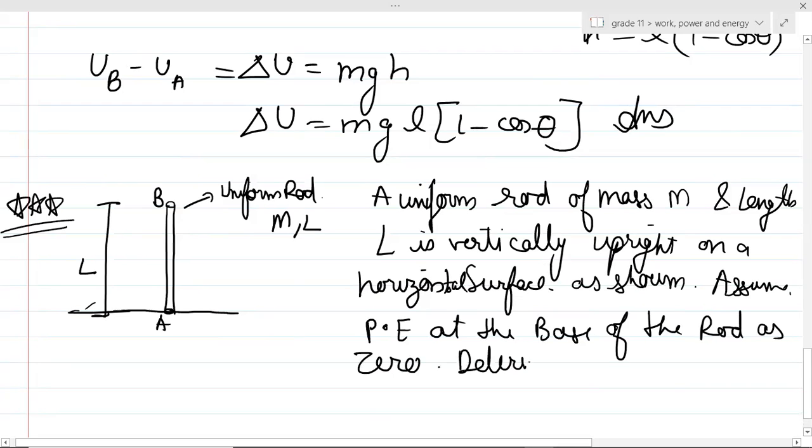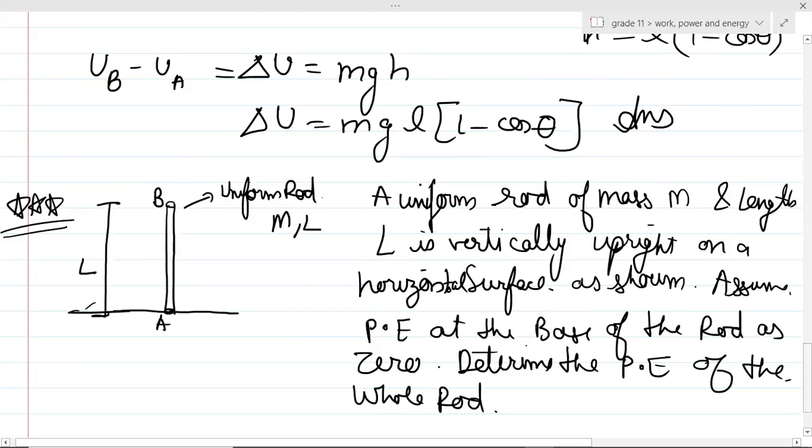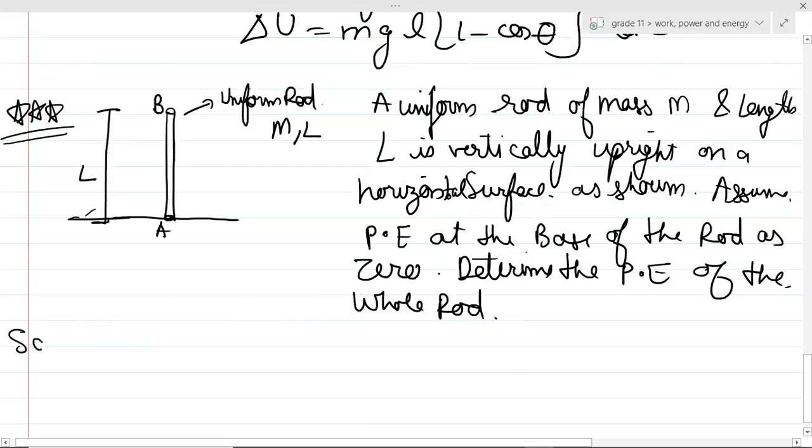Determine the potential energy of the whole rod. So basically, you need to find out the potential energy of the whole rod. How will you do this question? Anyone would like to think on this?